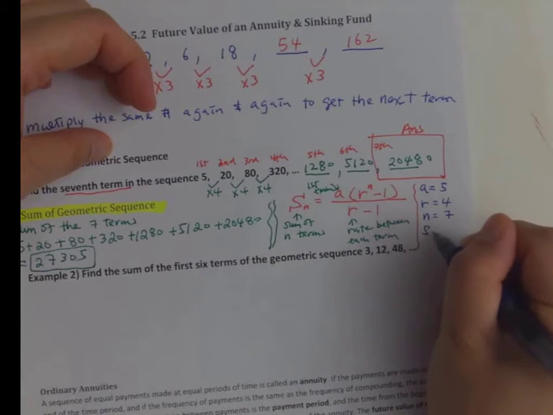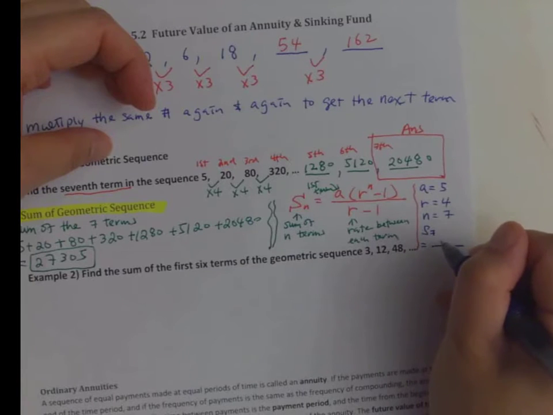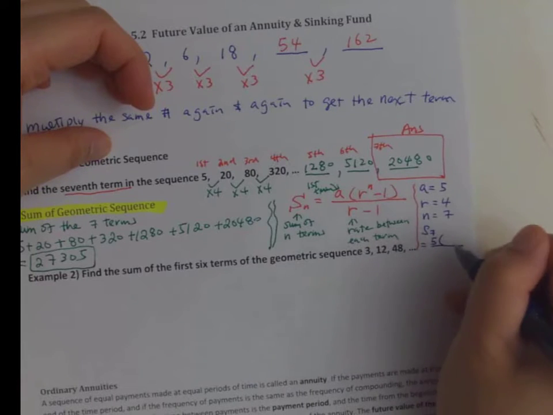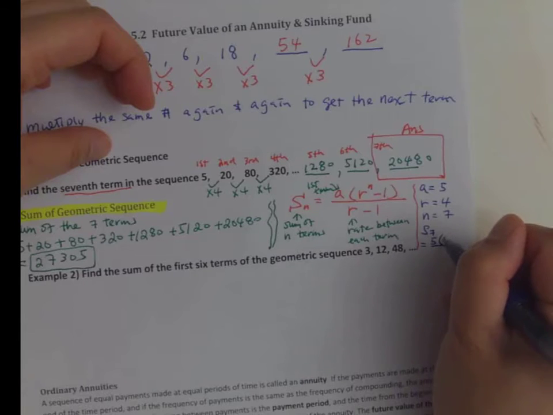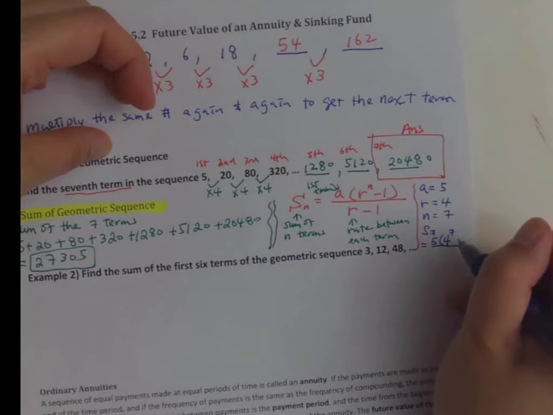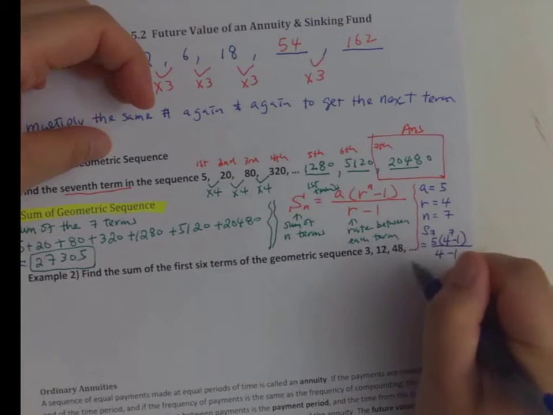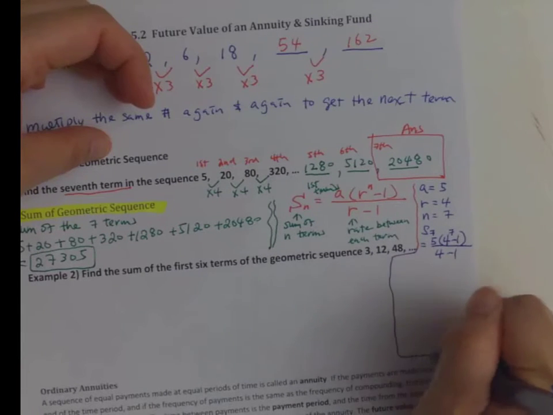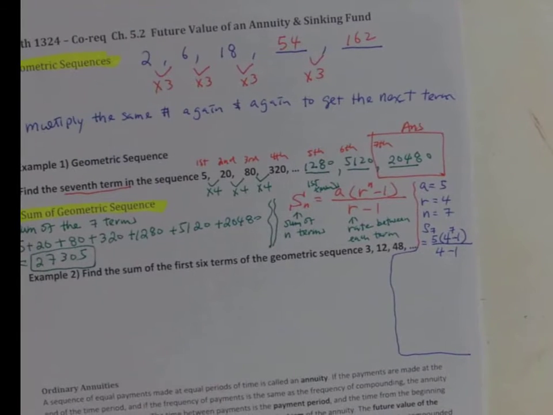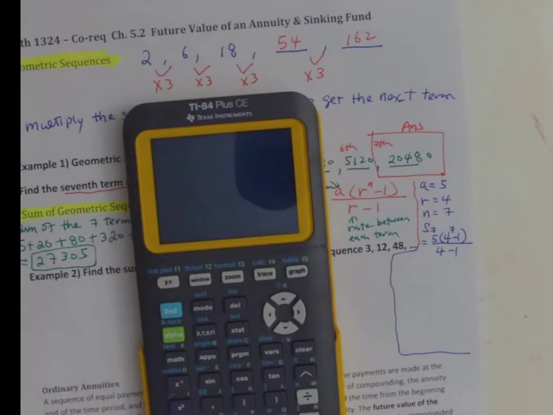So S of 7 terms equals my first term, 5, times the ratio 4 raised to the 7th power, because we want 7 terms, subtracting 1, over r, which is 4 minus 1. Let's borrow some space here, sorry about that. Here we can use a calculator.